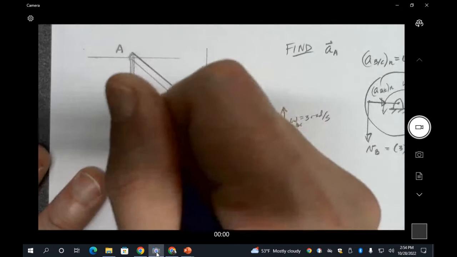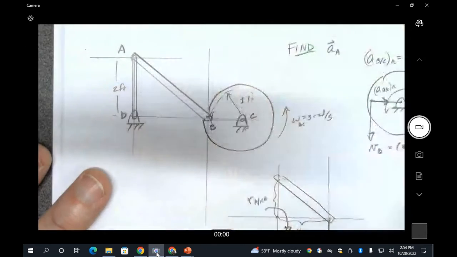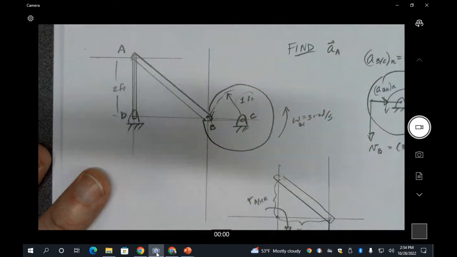Yeah, they told us this is 2 feet, and I never labeled it. So if that's 2 feet, this RB with respect to ICR has to equal RA with respect to ICR. This guy right here is the length of AD. So since this is 45 right here, those legs have to be equal to each other.